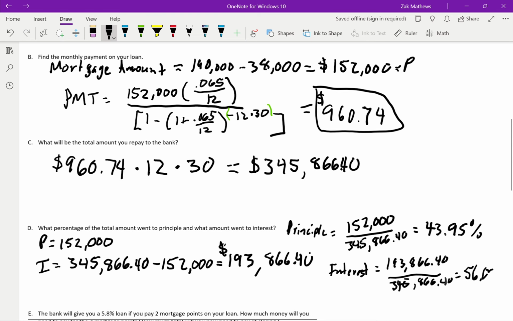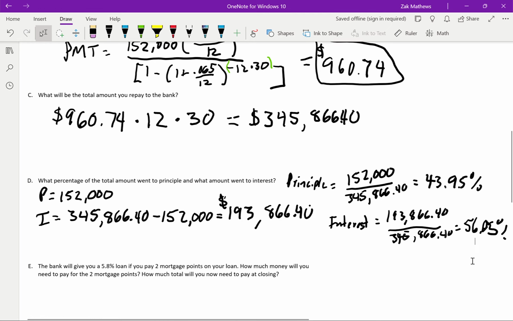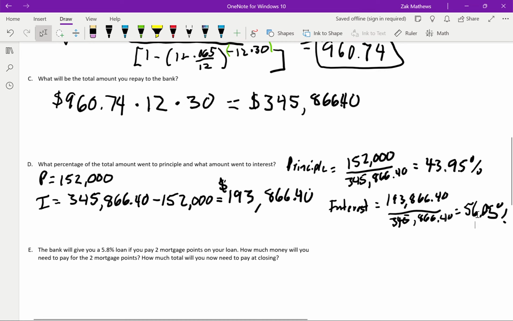And that shouldn't be very surprising because these two numbers together have to add to 100%. Your money is either going toward the principal or going to interest. It's the only two places it could possibly go. So when you add those two things together, you get exactly 100%. But once again, we see we're paying more in interest than in principal.